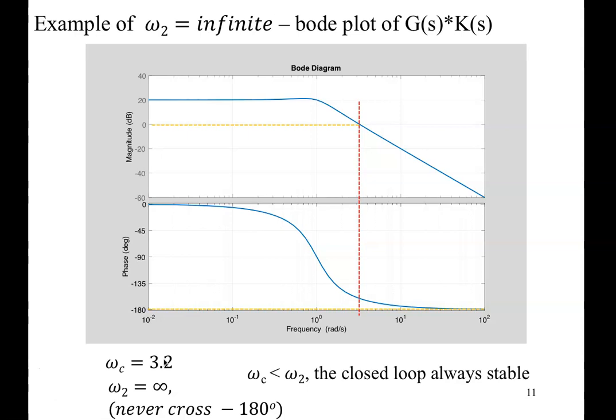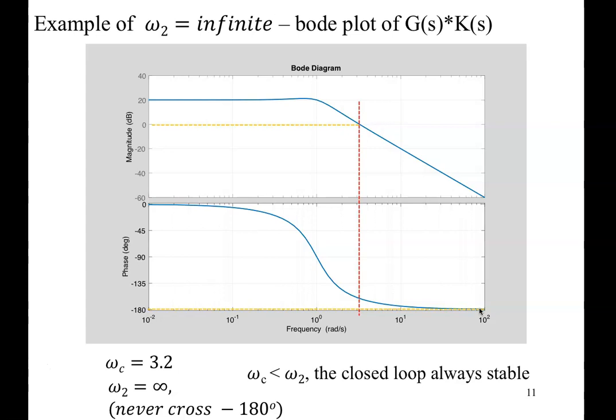And then I need to find omega 2. Omega 2 is the point where the phase plot drops below minus 180 degrees. So I go to the phase plot, I find minus 180, and I'm going to draw a line there. I can see this blue line does not actually ever drop below minus 180 degrees. It's a typical characteristic of a first or second order system.